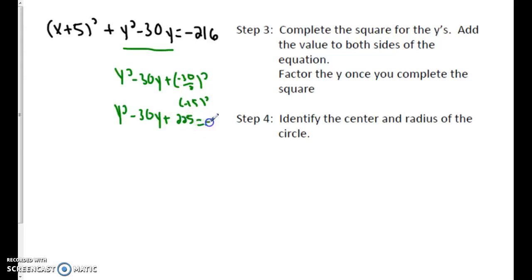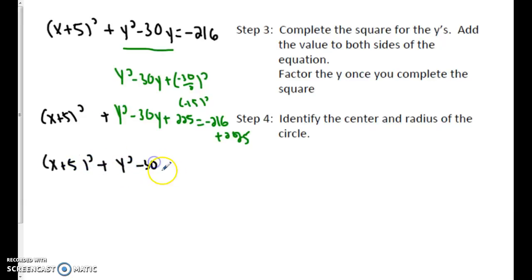And I'm going to add that to the other side too. But remember, I still have this x plus 5 squared here too. So I have x plus 5 squared plus y squared minus 30y plus 225 equals 9.